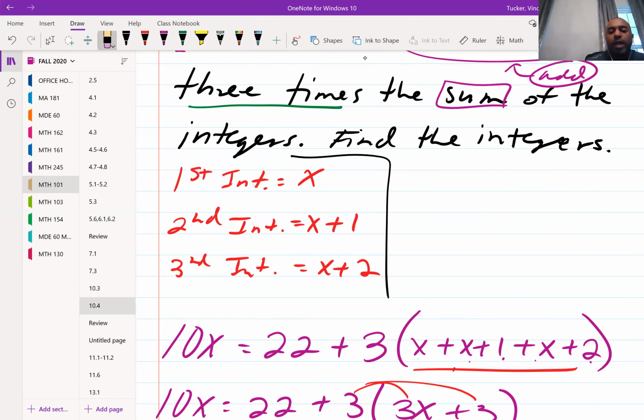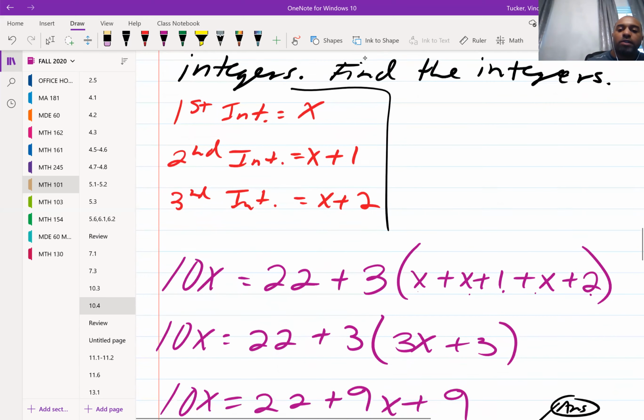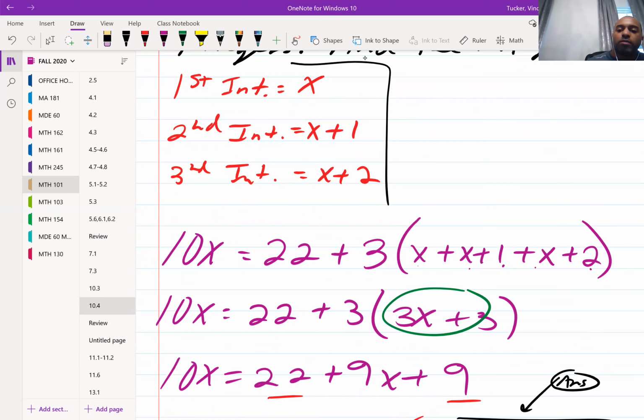So now we can go ahead and simplify the terms in the parentheses. x plus x plus x is 3x. And then 1 plus 2 is 3. So inside the parentheses, we have 3x plus 3.